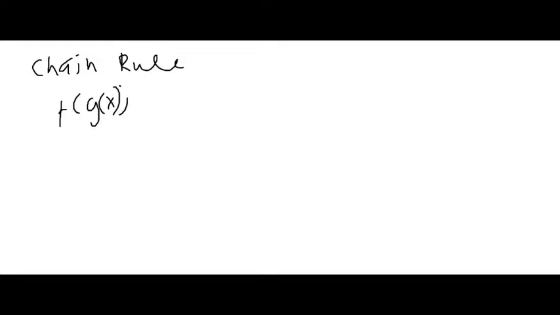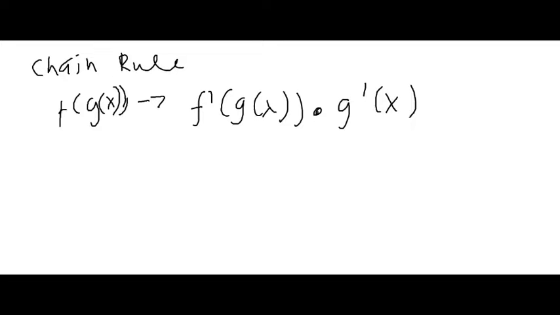The chain rule. Let's write that down. So what's chain rule? In general, it is expressed as the derivative of f of g of x as f prime of g of x multiplied by g prime of x.